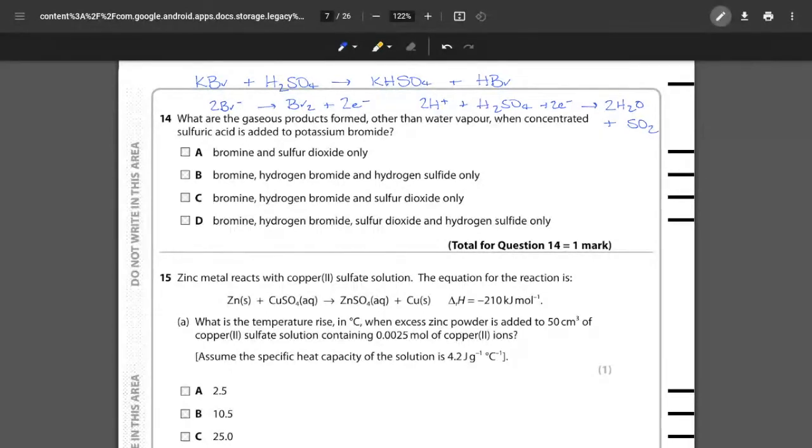So we're going to get Br2, hydrogen bromide, and sulfur dioxide being formed, and that would give us C. Our hydrogen sulfide, or our H2S, is only when we've got iodide. And because we have bromide here, of course, we're not going to form that.